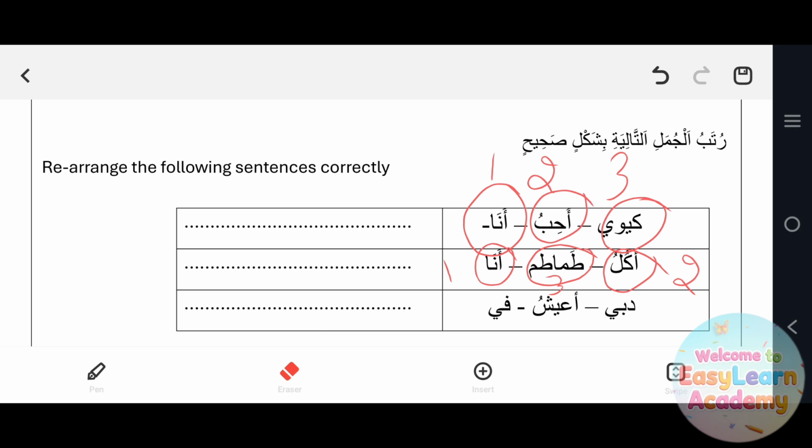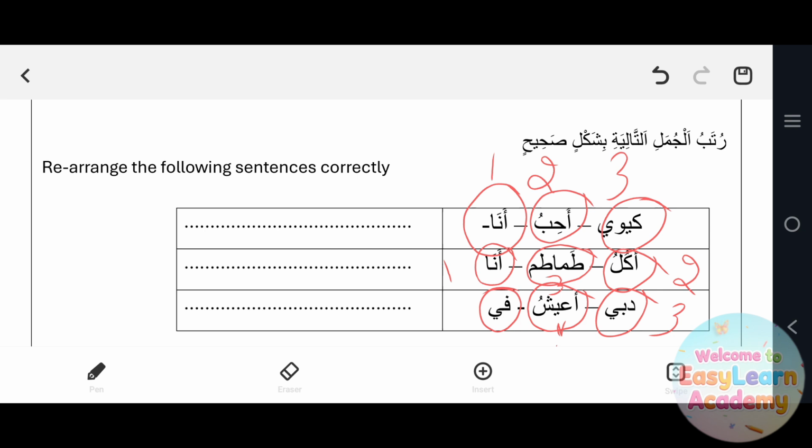Here Anna is not given, and we will consider Anna first. Anna, next Aishu, next fee, and next Dubai. Anna Aishu fi Dubai.